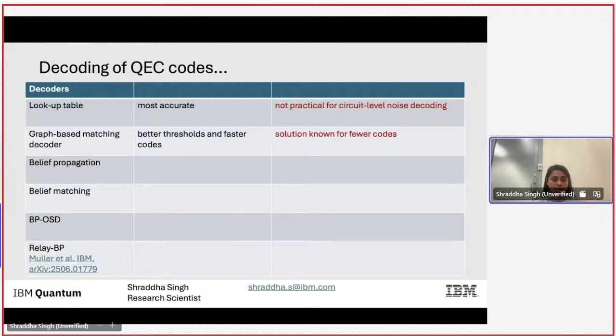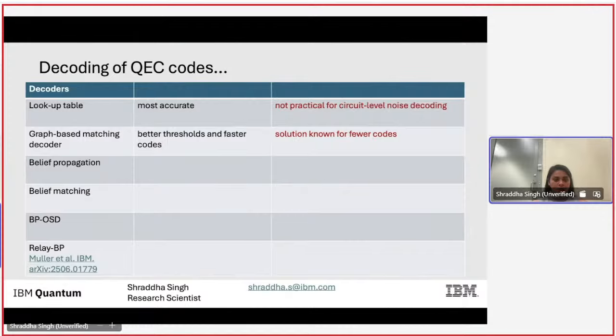However, the problem with these decoders is that the solution is known only for a few codes which can be represented with a graph, for example, the surface codes, color codes, etc. Codes like LDPC codes are not represented very well with a graph, and thus decoding for such codes using graph-based matching decoders can't be very efficient, or at least we don't know of algorithms which can actually work for these codes.